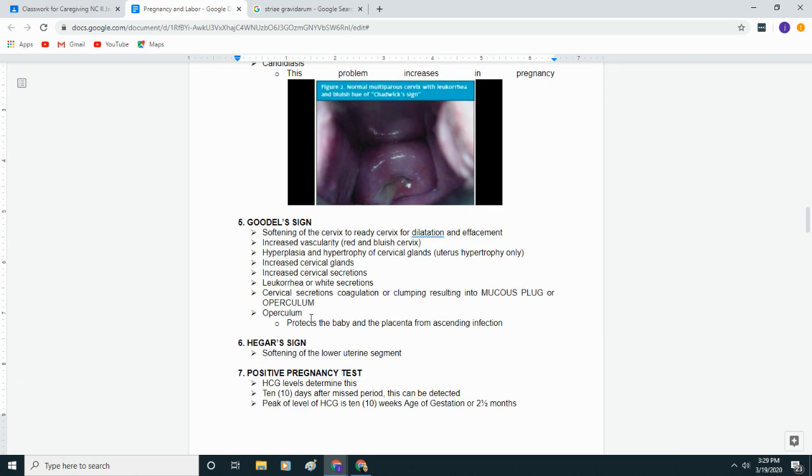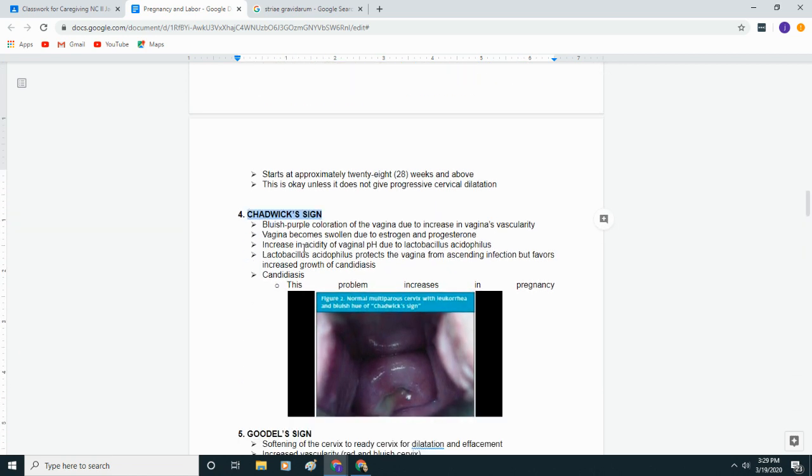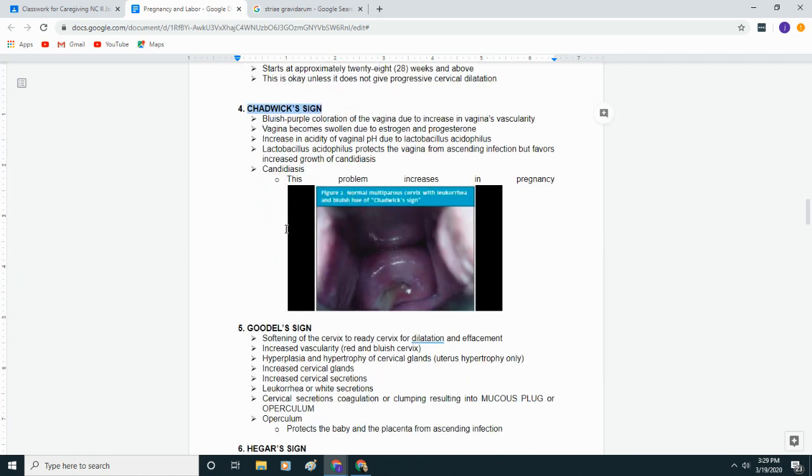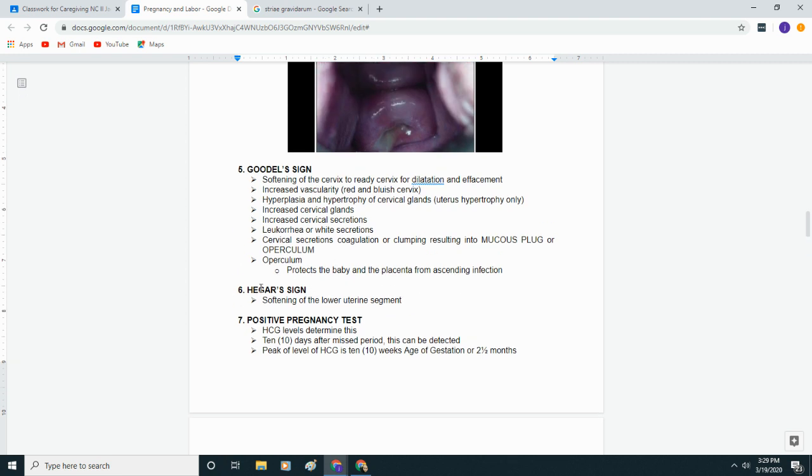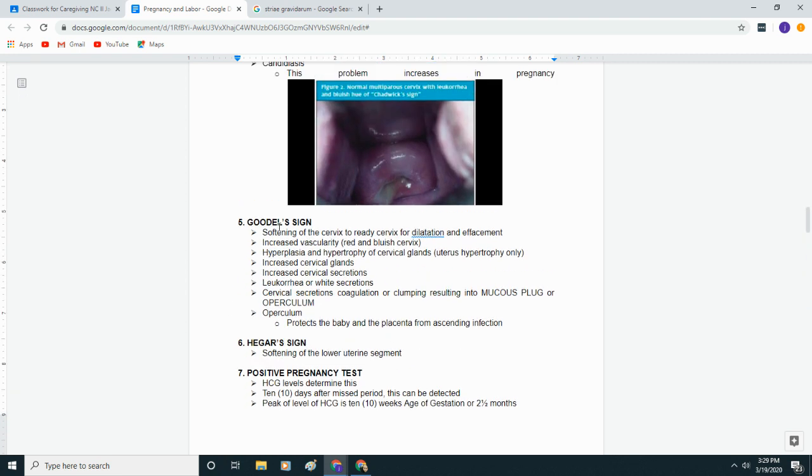So we have for the cervix, Chadwick sign, bluish discoloration. Goodell sign, we have softening of the cervix. And we have Heger sign, which is softening of the lower segment. Although this is not mostly felt, because Goodell's is mostly of the cervix, the Heger sign is the neck here, the area here, the softening of that area.